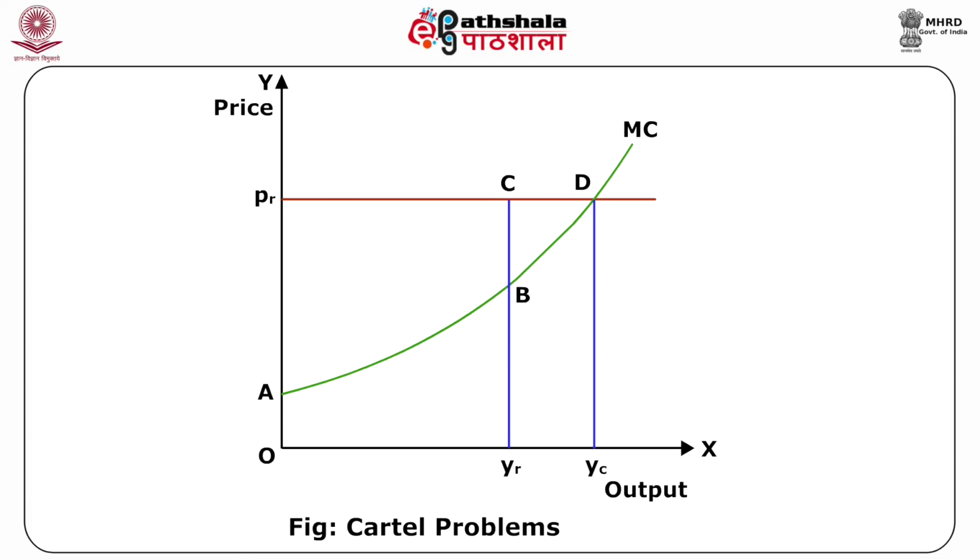Thus, at output level YC, our particular firm's profit will be equal to ADPR, which exceeds the original profit ABCPR by the area BDC.